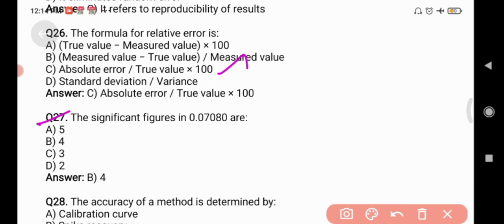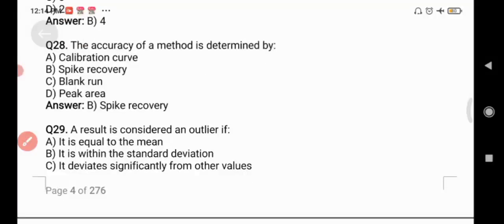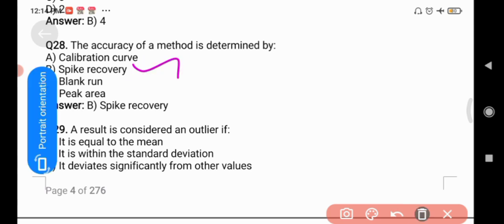The significant figures in 0.07080 are, answer is option B, 4. The accuracy of a method is determined by option B, spike recovery.